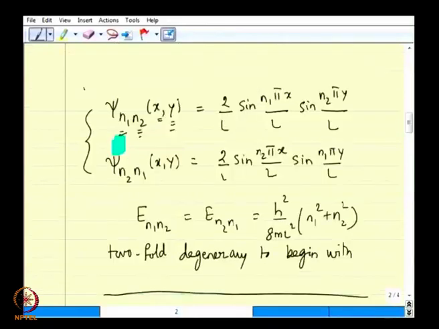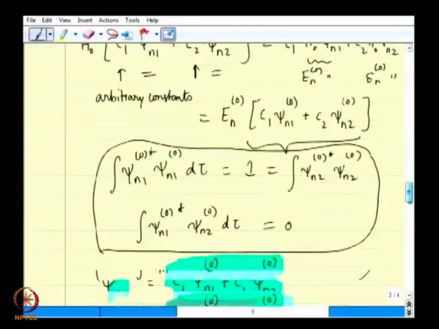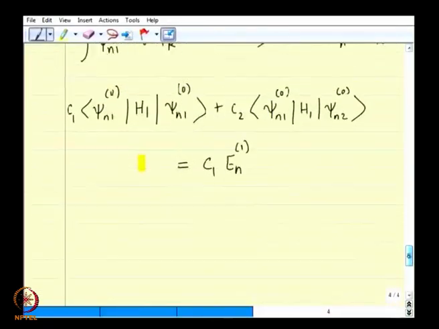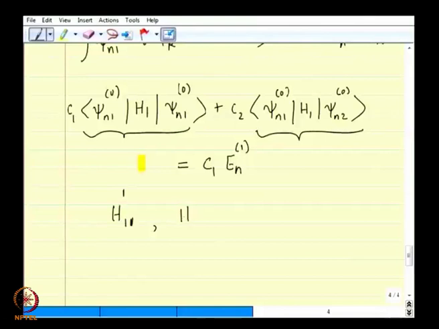Now one of the things that we normally do is to write this by a notation as a matrix element of H1 between the two wave functions, and I will call this H1 1 1 and H1 1 2 for the nth state.